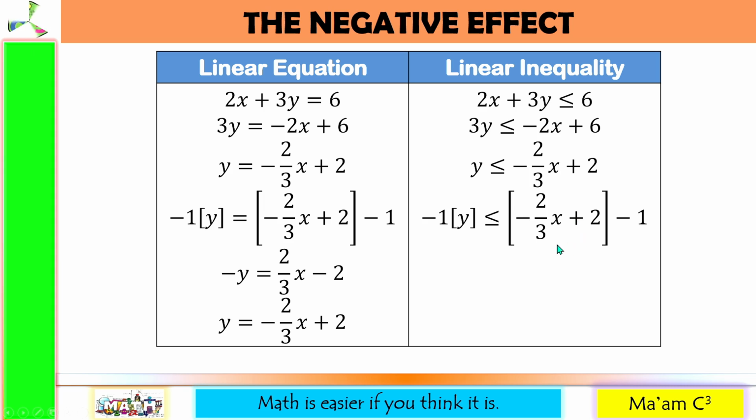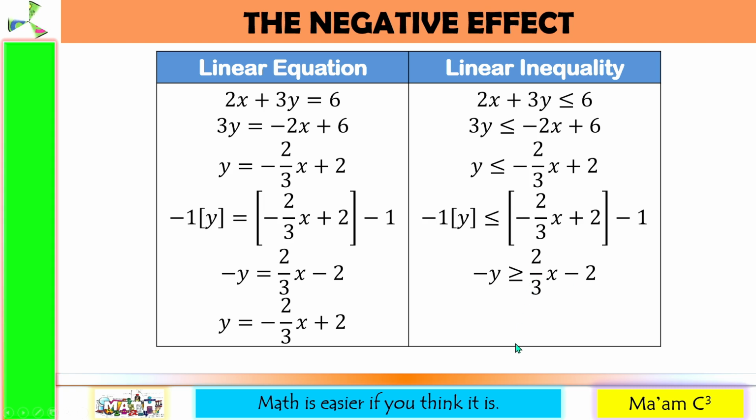But be careful, don't forget that when multiplying by a negative number, the inequality symbol flips. So this will become negative y greater than or equal to 2/3 of x minus 2. Since we want y to be positive, we are going to multiply again both sides by negative 1. So this will become positive, this is negative, this is positive, and the inequality symbol will flip again.